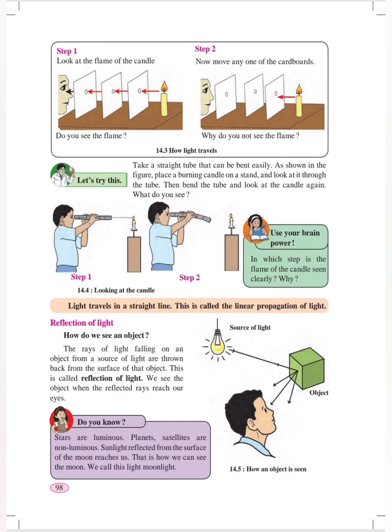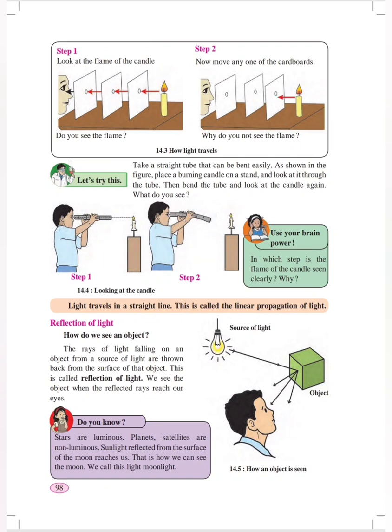On the other hand, if you move the middle cardboard, the center cardboard, slightly here or there, you will not be able to see the flame of the lit candle. This shows that light travels in a straight line but not crisscross or in any other path.